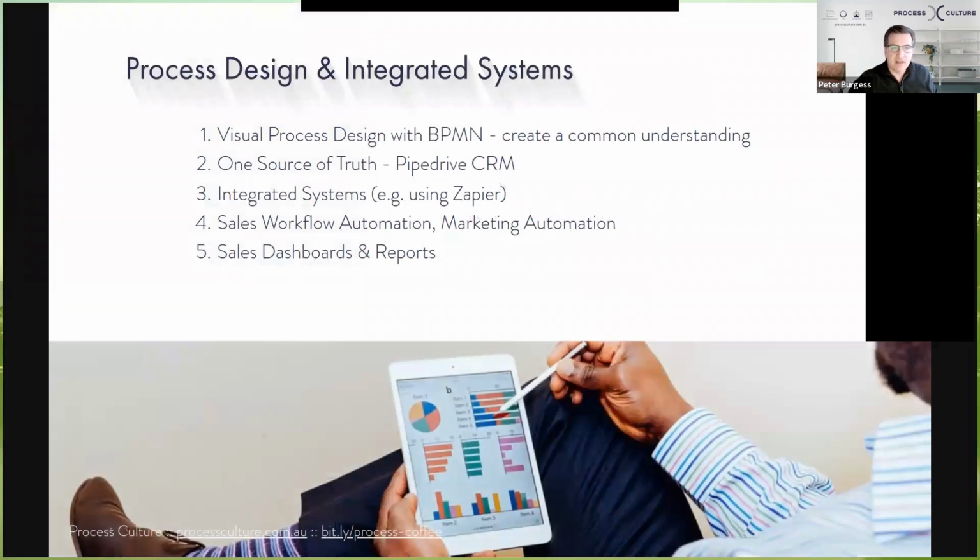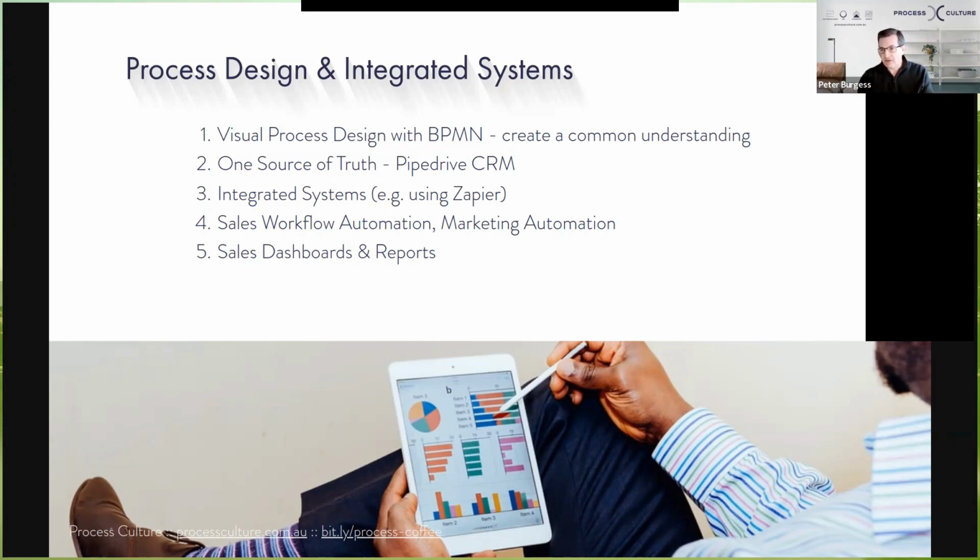So process design and integrated systems, my approach is these 5 components are really key to what I do. The first part is to visually map out your business processes. So actually to look at the way your marketing and sales processes currently work and produce a visual map.